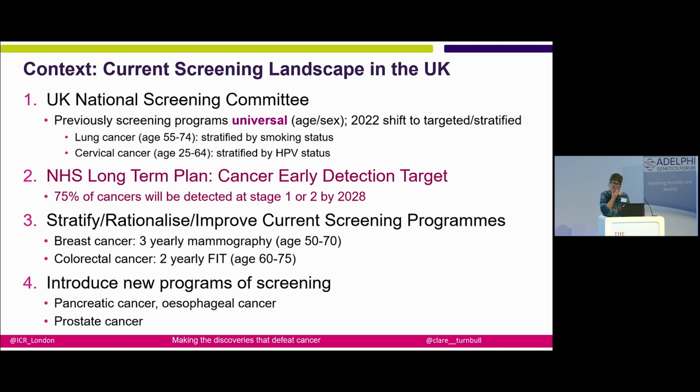And this has very much come to the fore for a number of reasons. Over the last 3 or 4 years, the National Screening Committee's remit has officially changed. It very much had to be universal screening, and then in 2022 there was an official shift, in part around the introduction of lung screening stratified by smoking status, in part the adaptation of cervical screening around HPV status, but there was very much a remit handed to the National Screening Committee that they should look to targeted or stratified strategies.